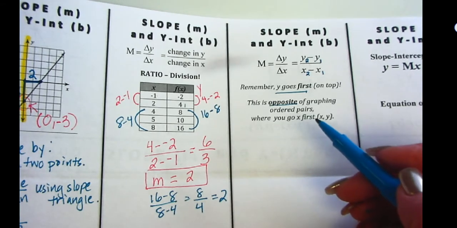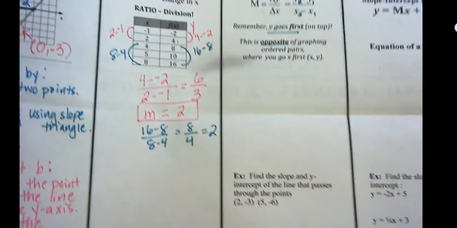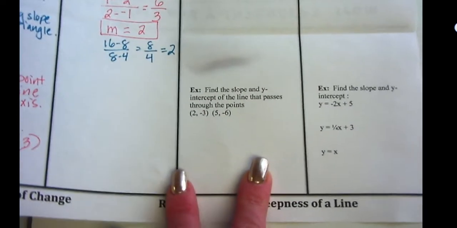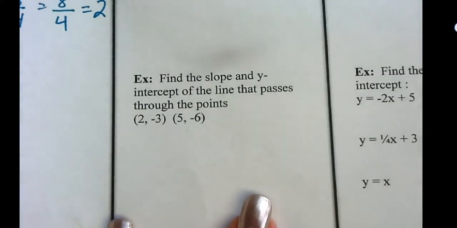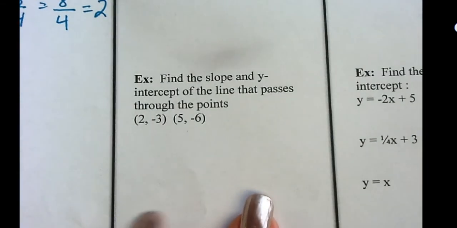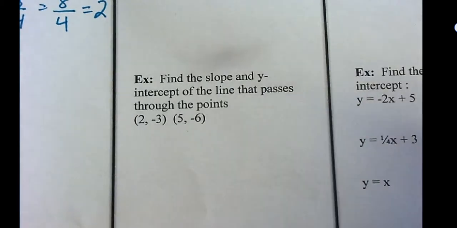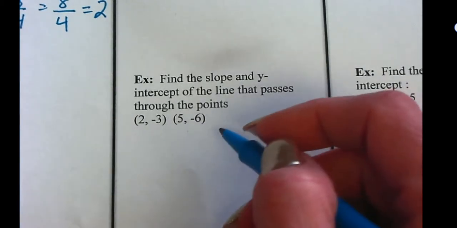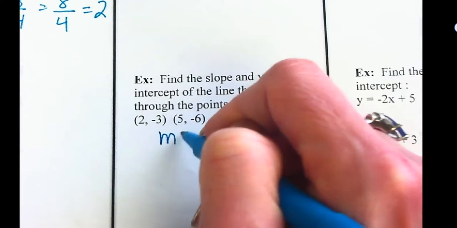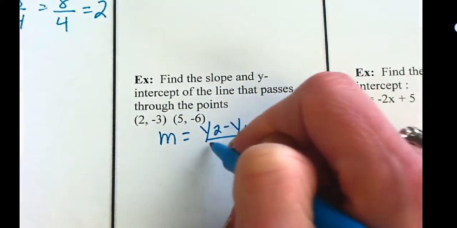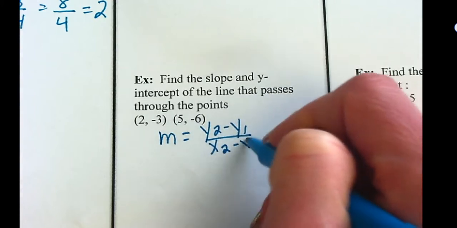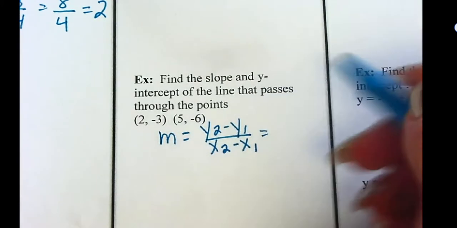So we're going to look at the example at the bottom. So just scroll down here. And it says, find the slope and y-intercept of the line that passes through the points 2, negative 3, and 5, negative 6. So we're going to use the formula. Slope is equal to change in y over change in x. So I'm going to take those points.